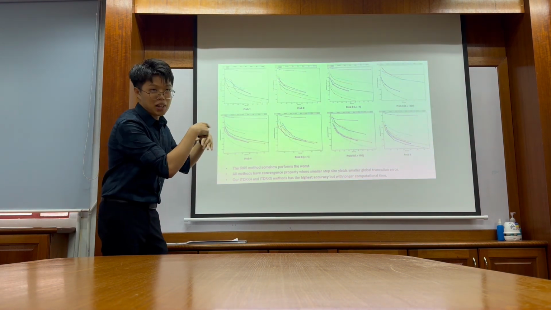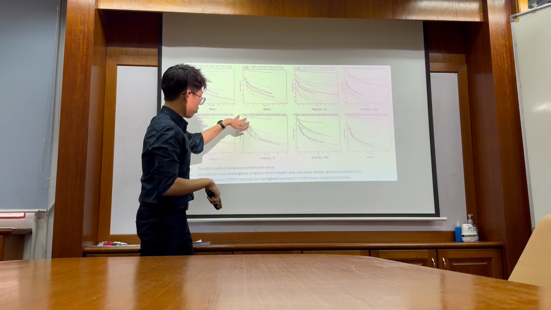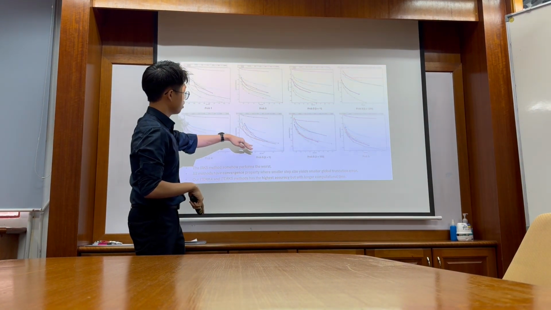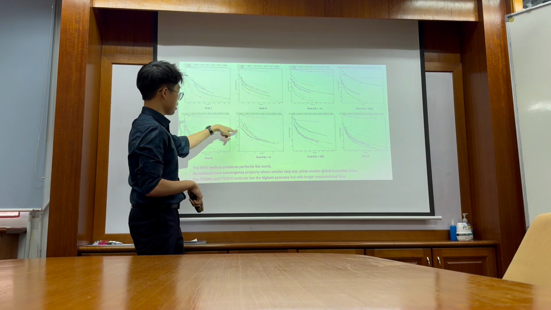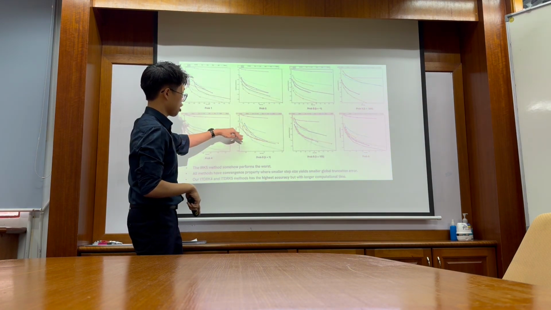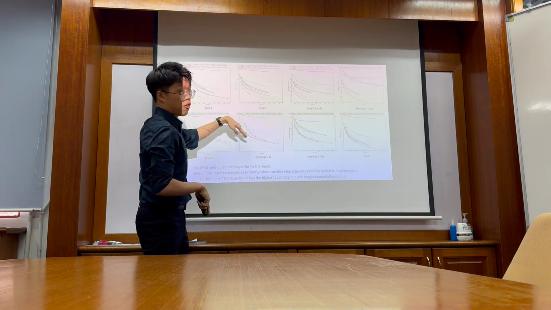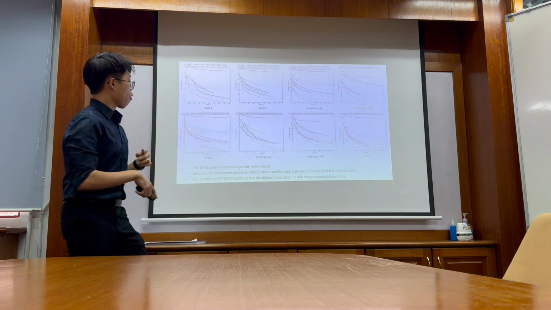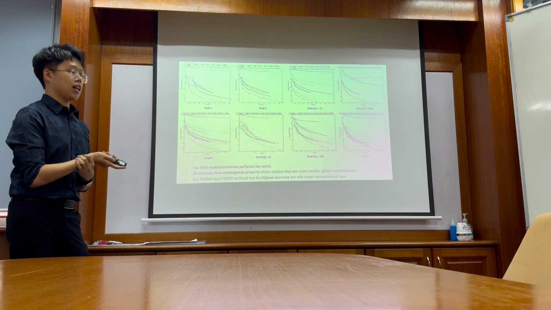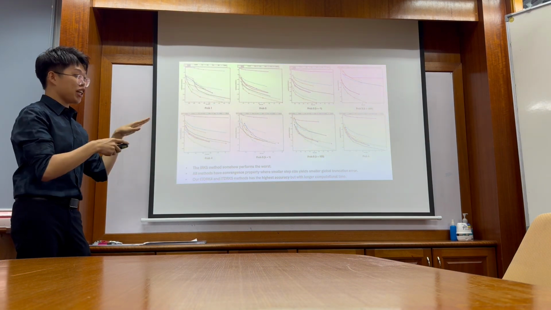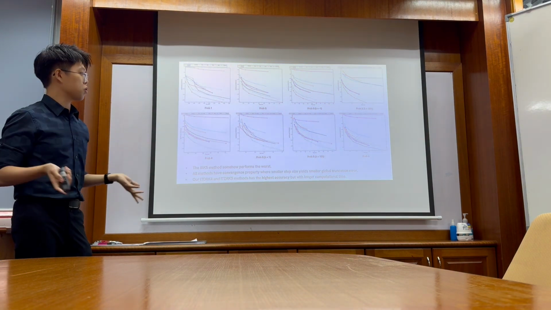We compare with similar orders: if it's the green one, it's order 5, so we compare with all the order 5 methods. And if it's ITD-RK4, I compare it with all the 4th order methods. Oh, okay. But you include them all in the same graph. Yeah, I include them all in the same graph. If not, it would be too many graphs.